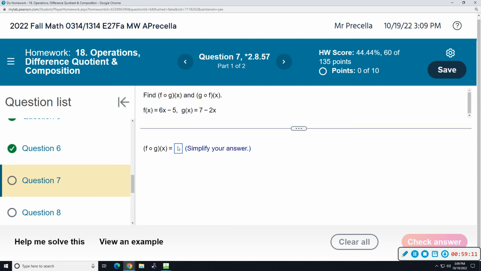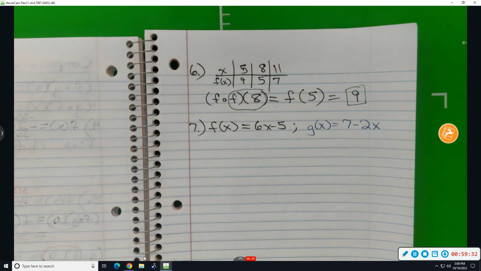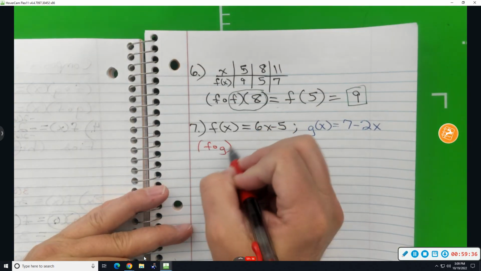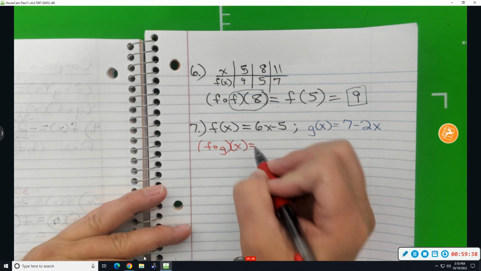They want us to find f composed with g of x and g composed with f of x. Notice we're finding it in both directions. First, f composed with g. So we're trying to find f composed with g of x.